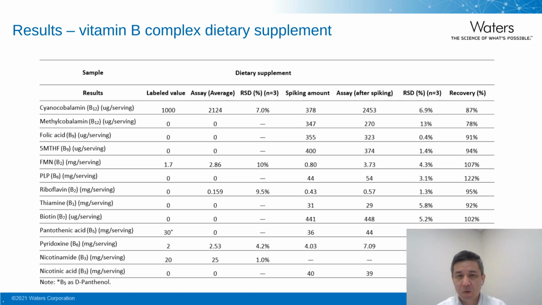For this simultaneous determination of this group of B vitamins, we have the recovery ranging from about 80% to 120%, which is pretty good for this simultaneous analysis of this group of compounds. And an RSD of less than approximately 7% is obtained, which is pretty good.